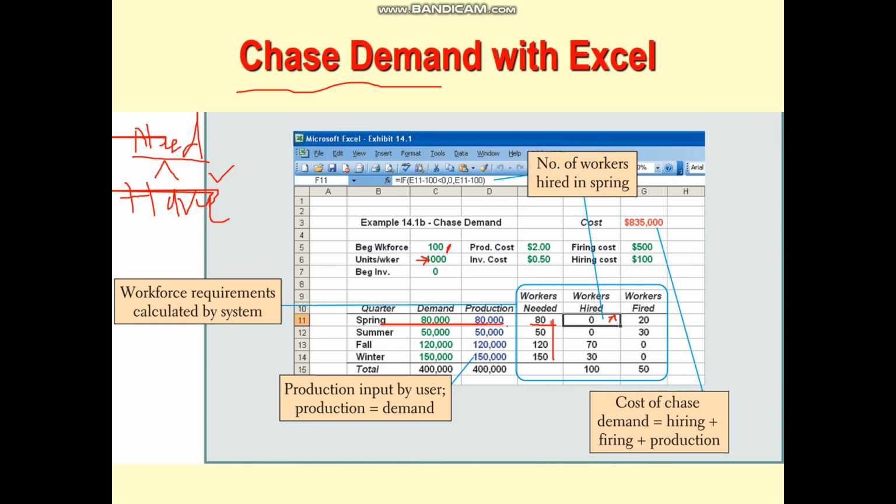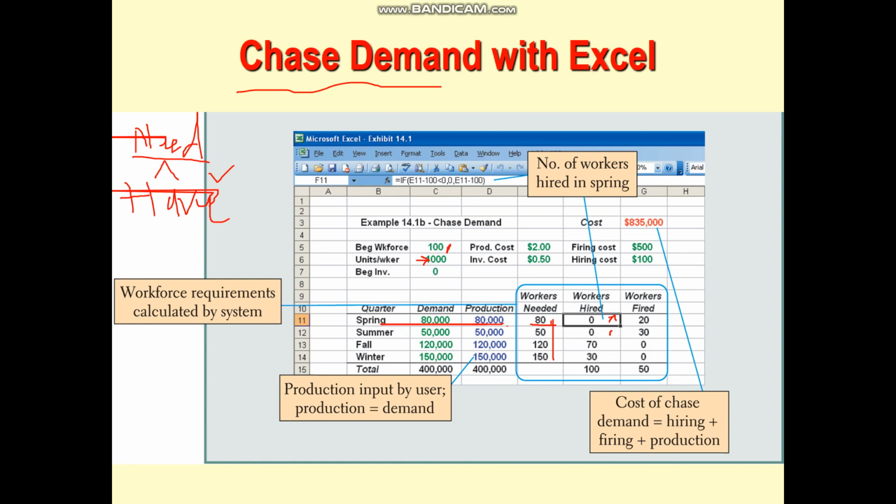For the second column, we also do the same thing. If E12 is smaller than E11, then comma, then 0, then comma. If not, it will equal E12 minus E11.